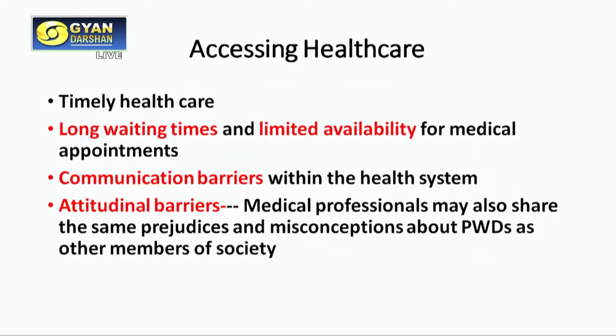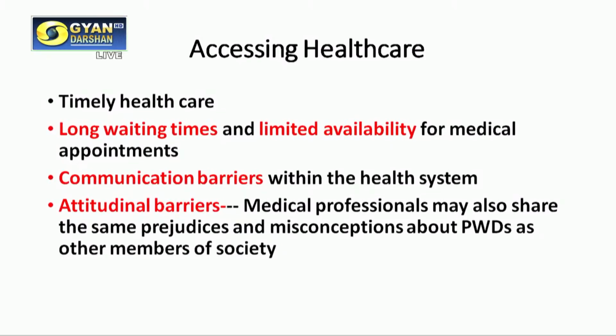But what do we often see in our public health facilities? This is something I'm sure all of you must be familiar with. Due to the sheer size of our population, due to the sheer numbers of persons who require healthcare, there is a lot of burden on public health systems, and therefore long waiting times and limited availability of medical appointments is a reality. And we see it everywhere.